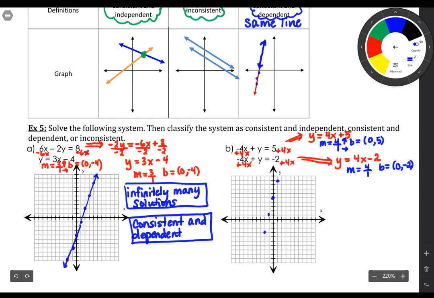Counting 1, 2, 3, 4. Here we go. And the second equation, I'll just do it in a different color just because I like to. So start at 0, -2. Go up 4, 1, 2, 3, 4, right 1.